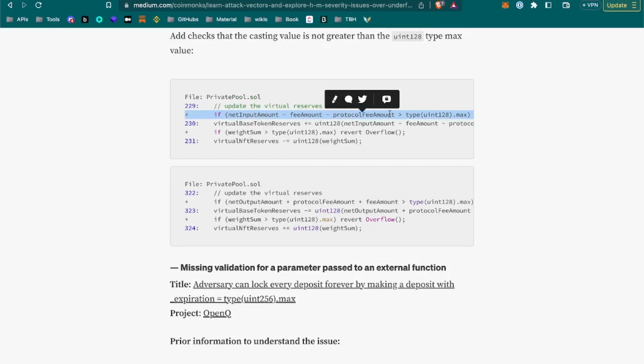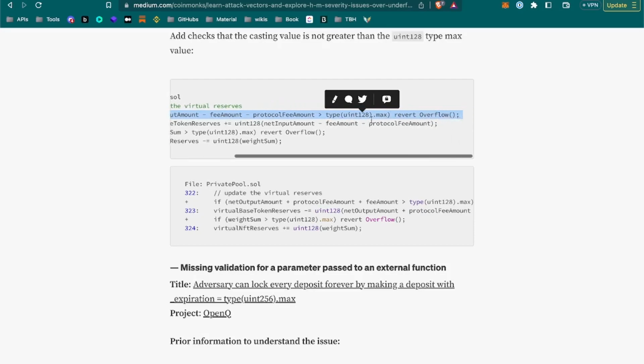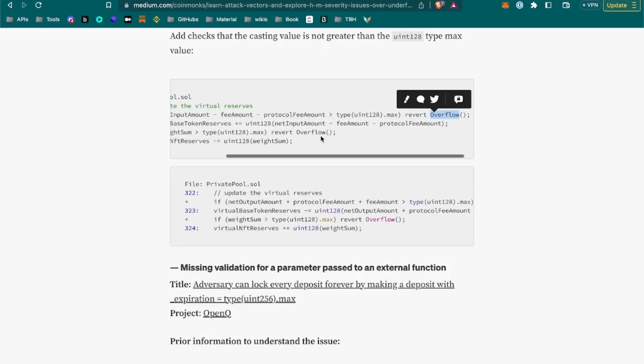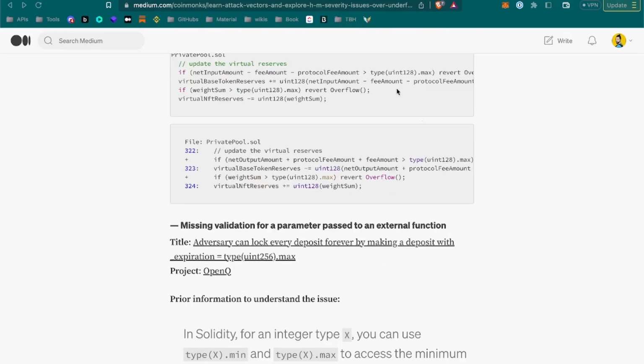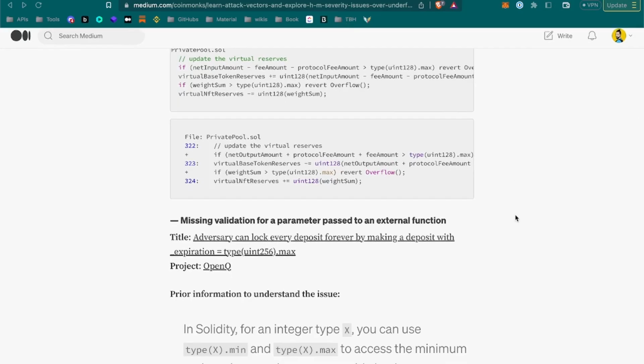If this operation is bigger than the maximum of uint128, it will revert with overflow. And yeah, the same here. And that's how this issue is mitigated. So with that, we have one of the first examples of an overflow and underflow.